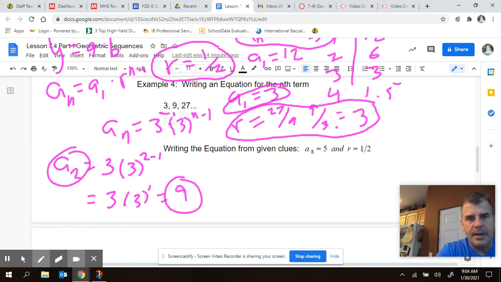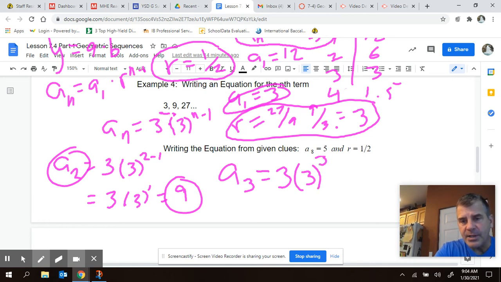Second term, that's 9. So if we continue this, we can find the third term by putting in 3 for our function or our rule or the equation. Find the next term or the nth term. That's going to be 3 times 3 to the 3 minus 1.